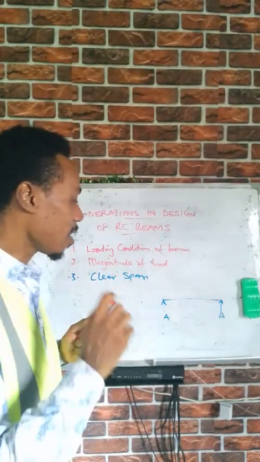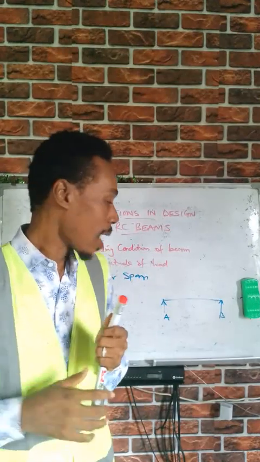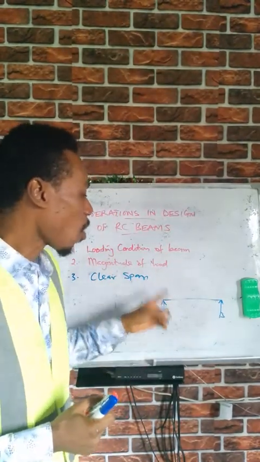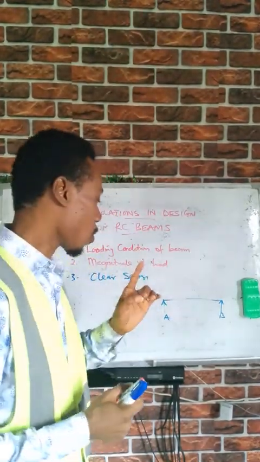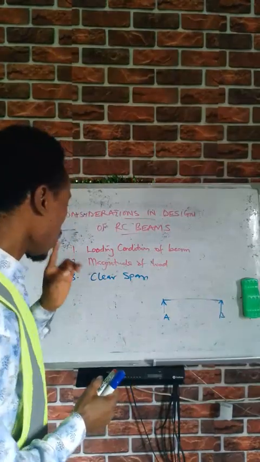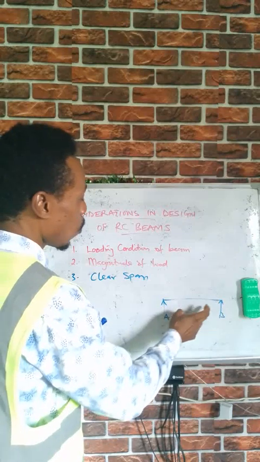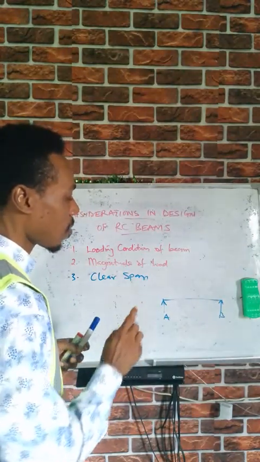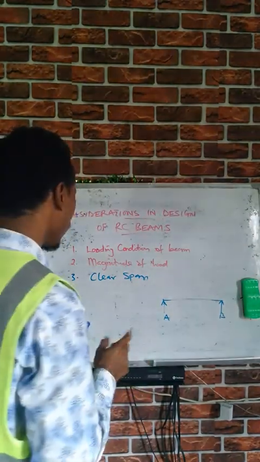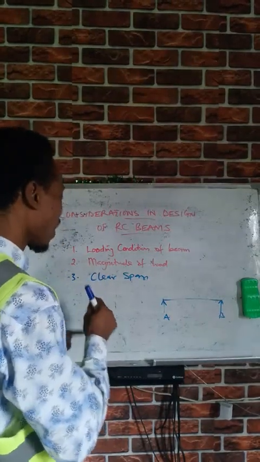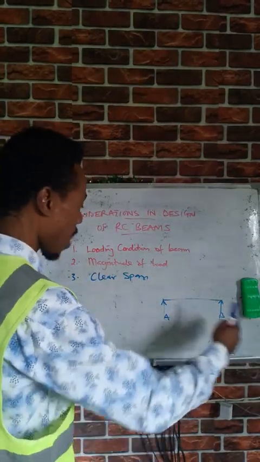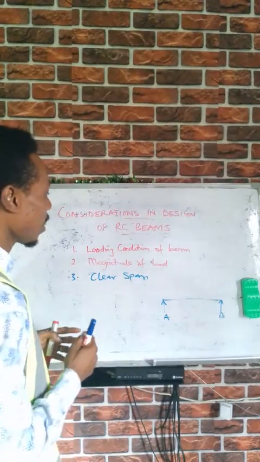When you're designing your beam, you must consider the span of that beam in question, because it's very, very important. If you don't consider that, you will have problems. The deflection will be high. So you must consider the clear span of that beam when you're designing a beam.